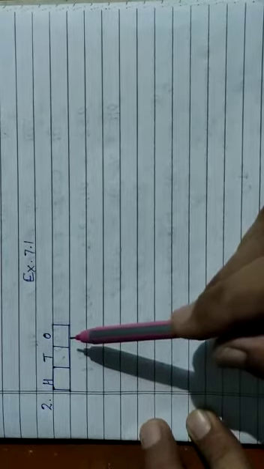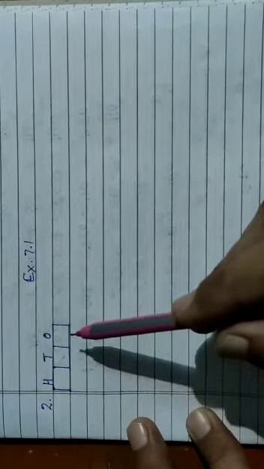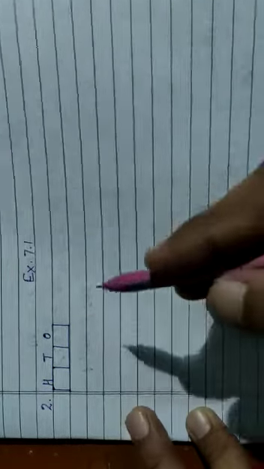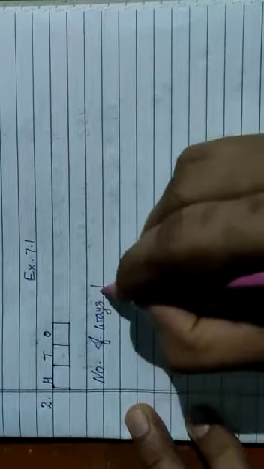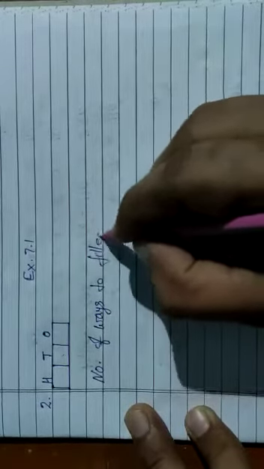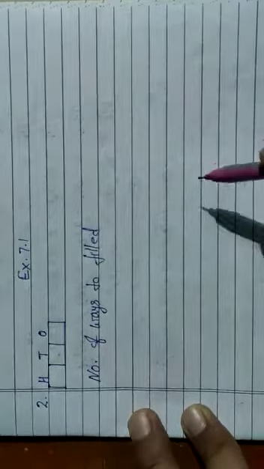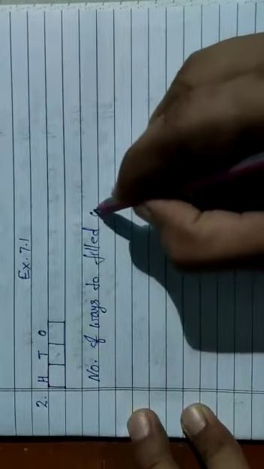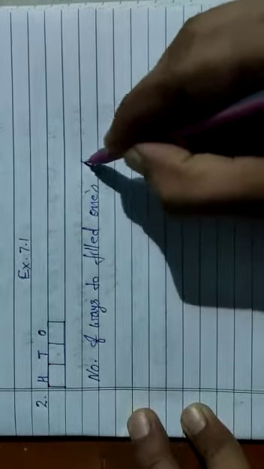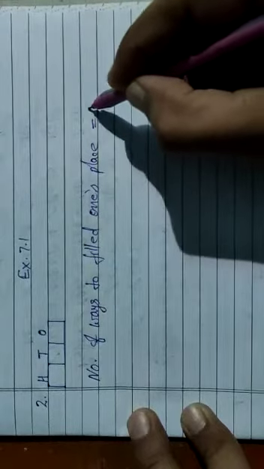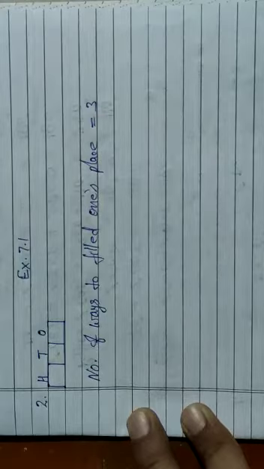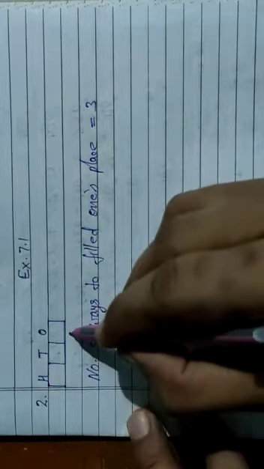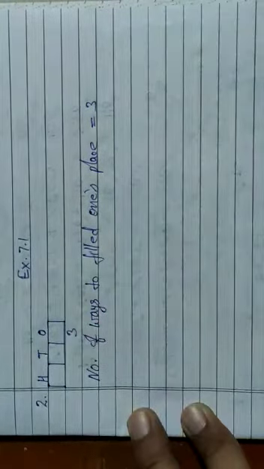So the number of ways to fill the ones place is 3, because there are only 3 even numbers, 2, 4 and 6. So the ones place digit can be filled in 3 ways.